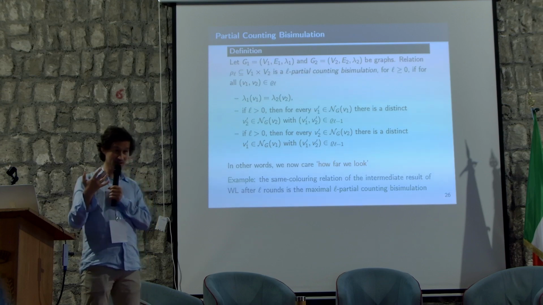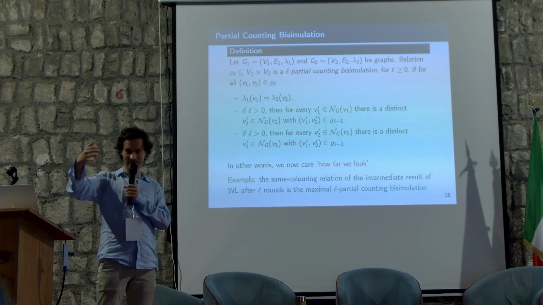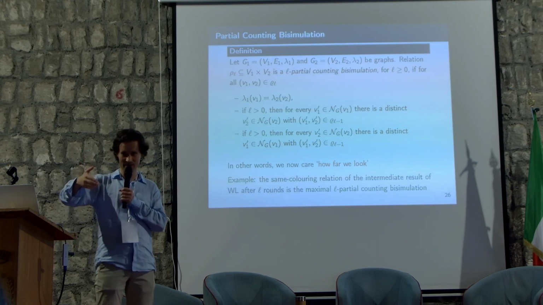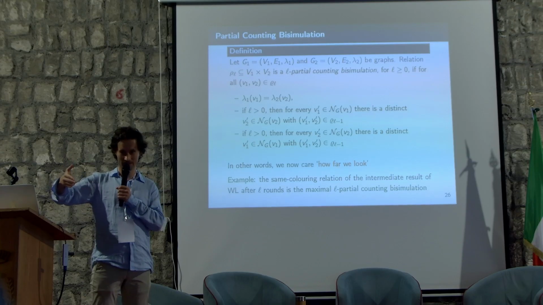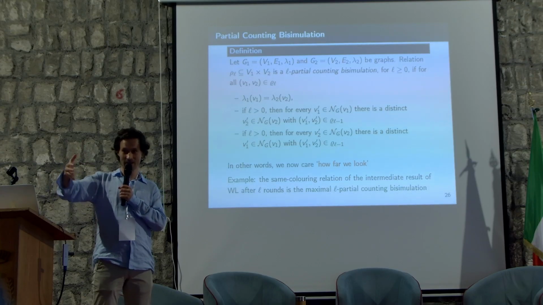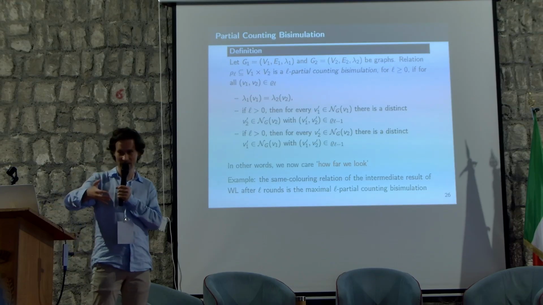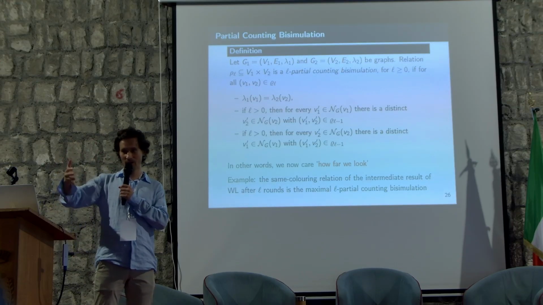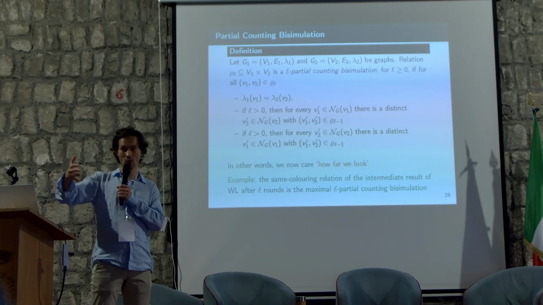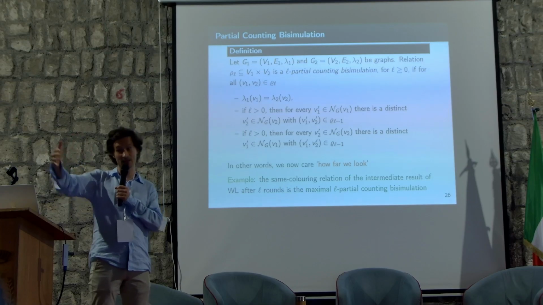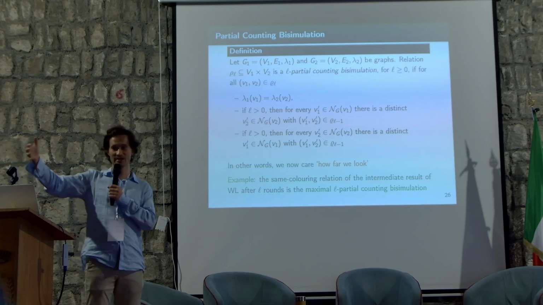While with partial, every neighbor step goes minus 1. If we want 5 partial counting bisimulation, then our neighbors should be 4 partial counting bisimulation, whose neighbors should be 3, and so on, until we reach 0, which just says the same label.